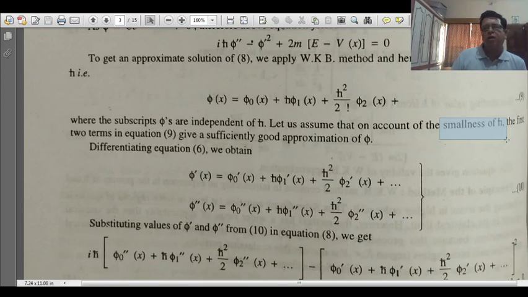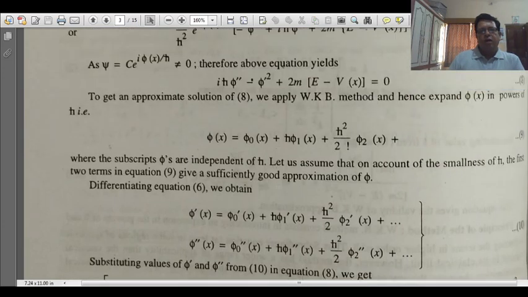Then the first two terms are sufficient to give sufficiently good results for the approximation of phi(x), because of the small value of h cut.